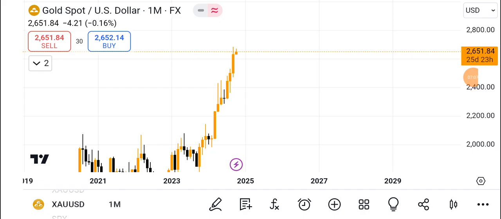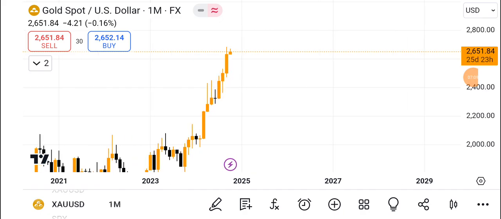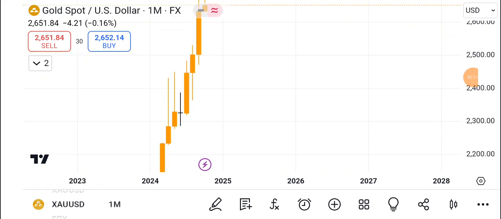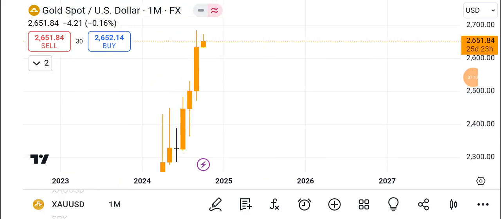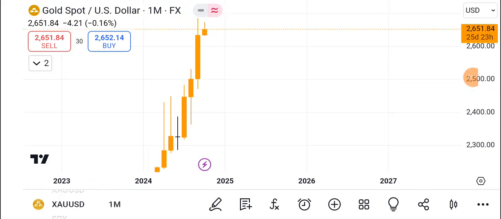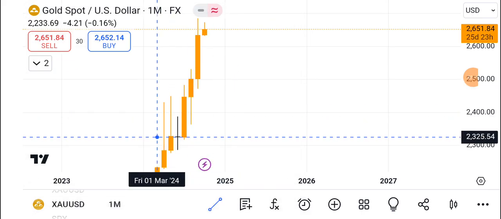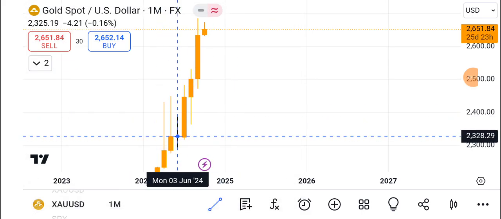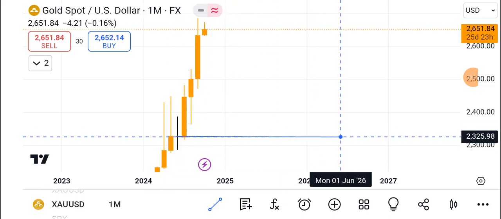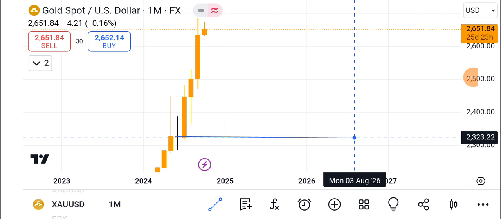Now, let's talk about this. Let me just start from this monthly to mark. I would love to use weekly, but let me start with monthly. We mark out the high of this candle, and drag it to the right hand side.